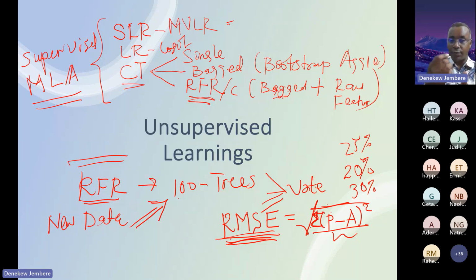You basically fine tune the algorithm to get the smallest RMSE. So you would have to tune the parameters of the algorithm, and that's how you would get the best model. Any other question?